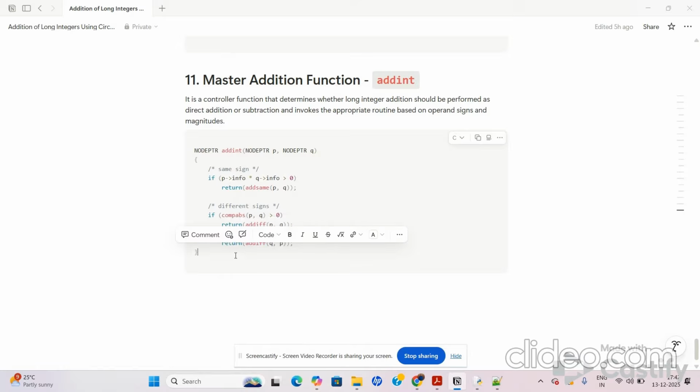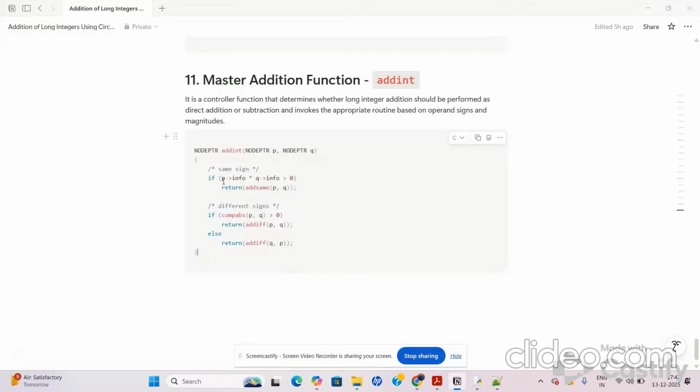And this same sign check, how do we identify whether both the numbers have the same sign or not? See, let's say you have two numbers p and q. If both of them are positive, that means p is positive and q is positive, or if p is negative and q is also negative, the multiplication of p and q always gives you a positive number, correct?